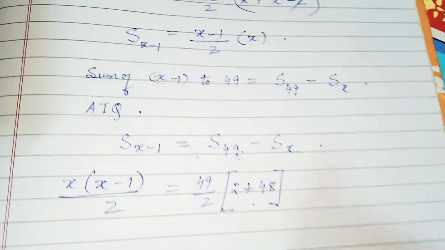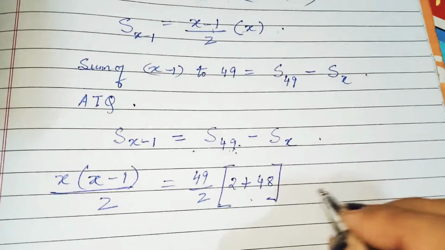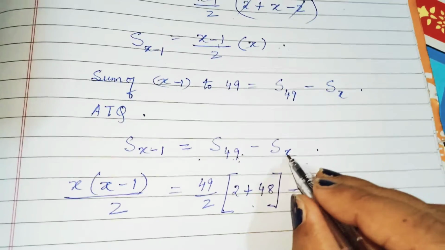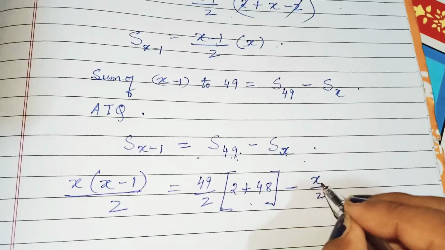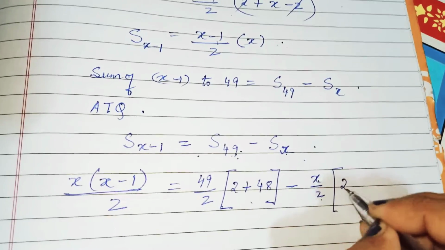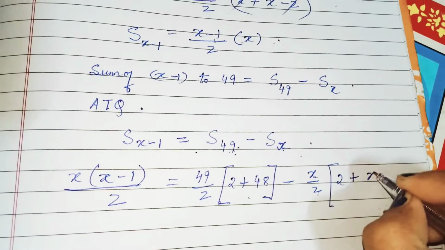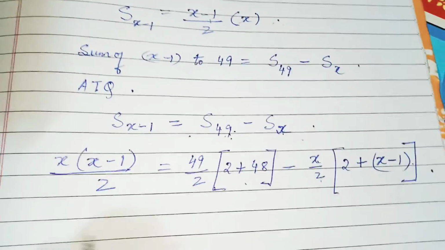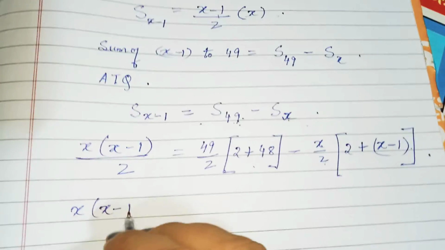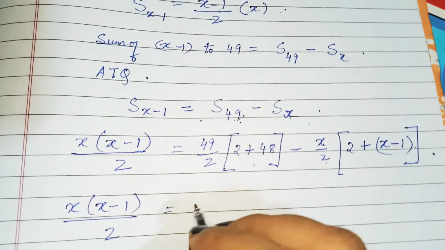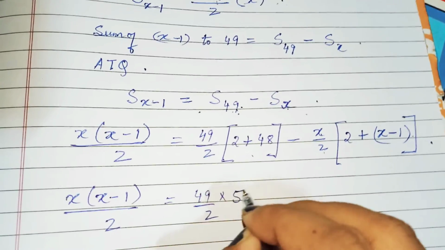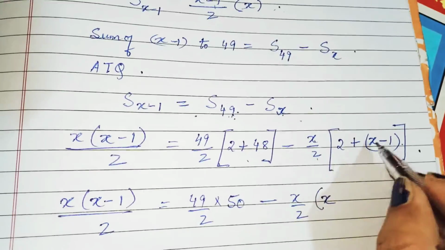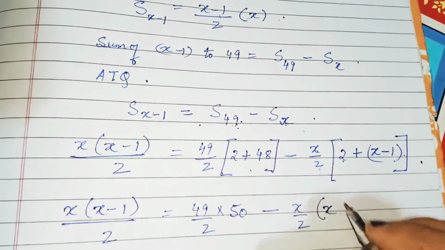Then minus Sx: for Sx, n by 2 with x in place of n, so x by 2 times (2 plus (x minus 1) into d, where d is 1). So x into (x minus 1) upon 2 equals 49 by 2 into 50 minus x by 2 into (2 plus x minus 1, so x plus 1).